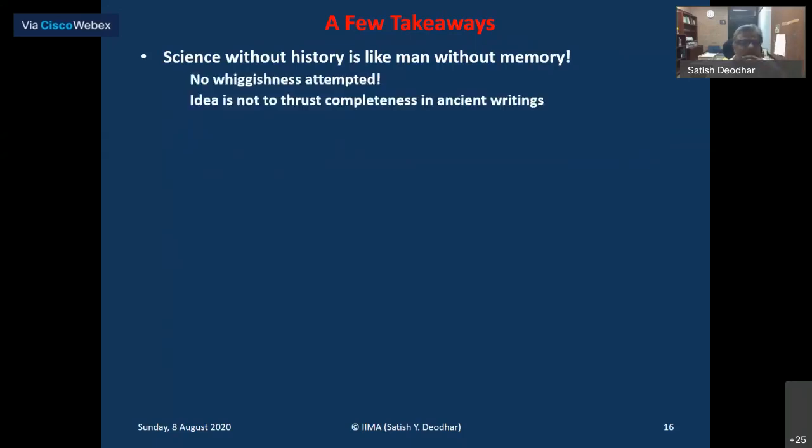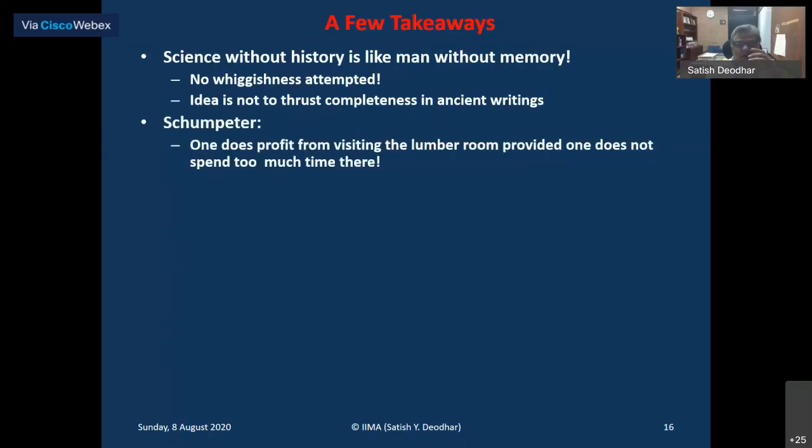So that's what I was talking about. No Whiggishness is attempted. The idea is not to claim completeness in ancient writings, but we should simply give due credit, call a spade a spade, right? Schumpeter said one does profit from visiting the lumber room, provided one does not spend too much time there. Fair enough.